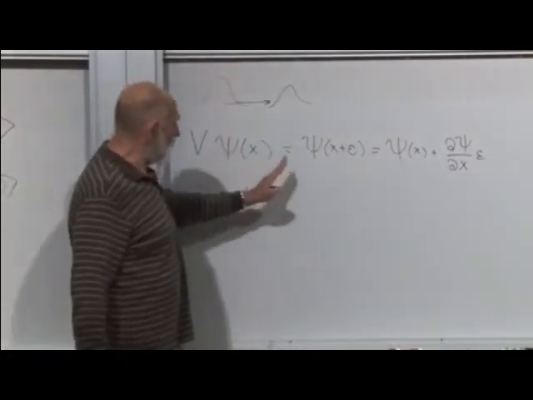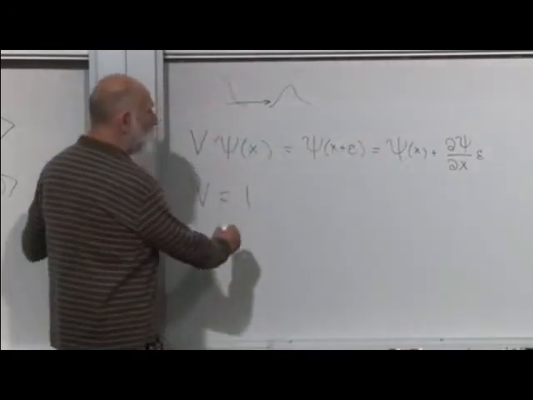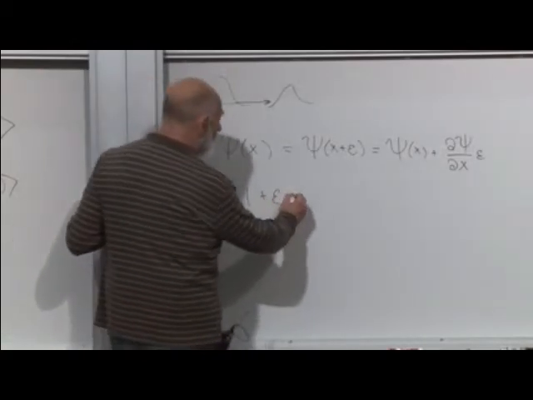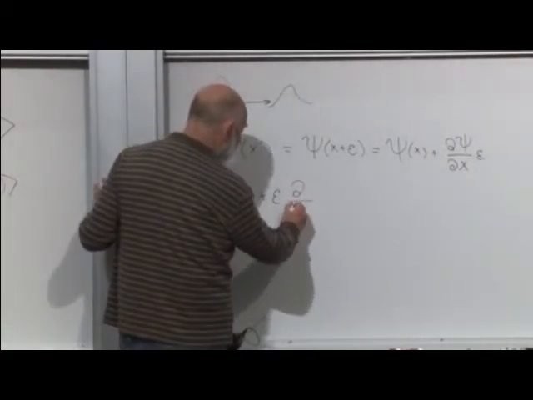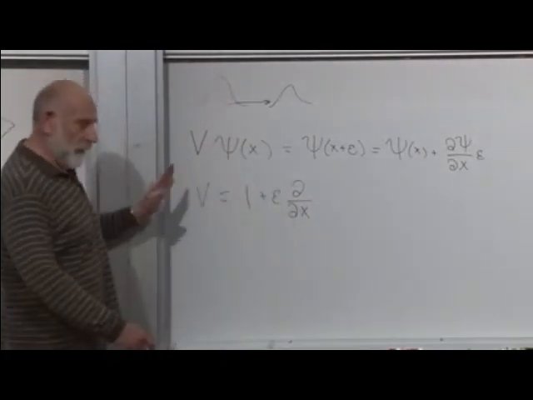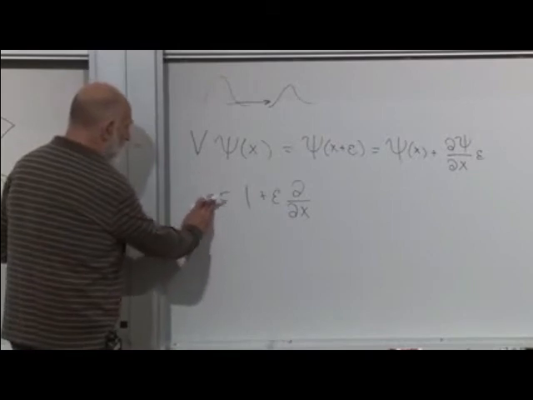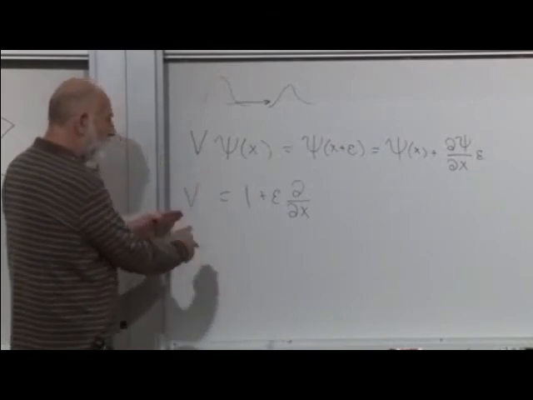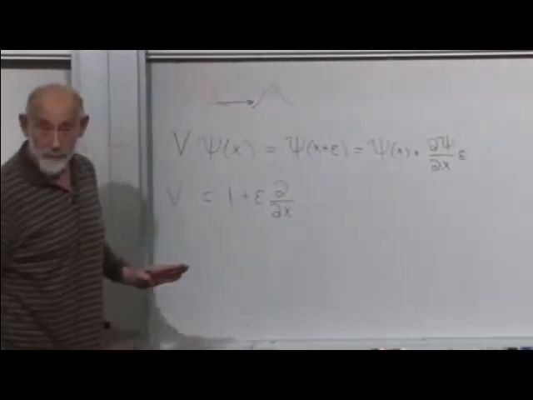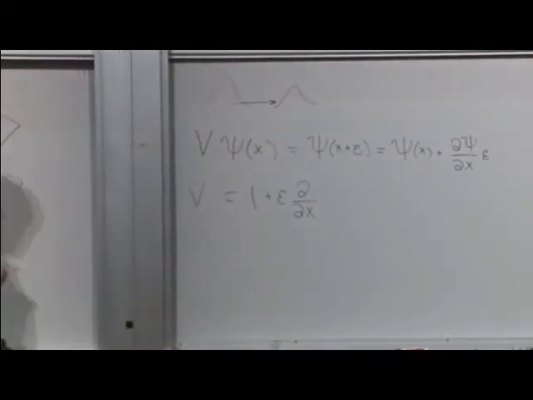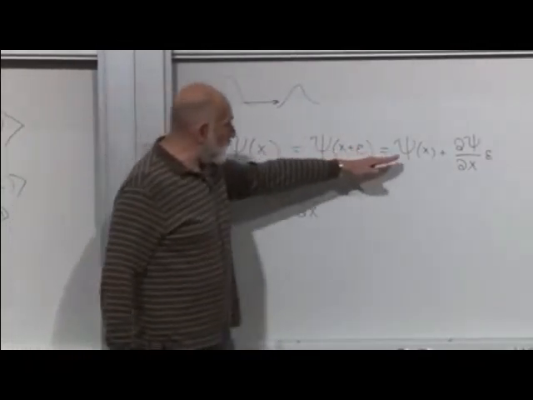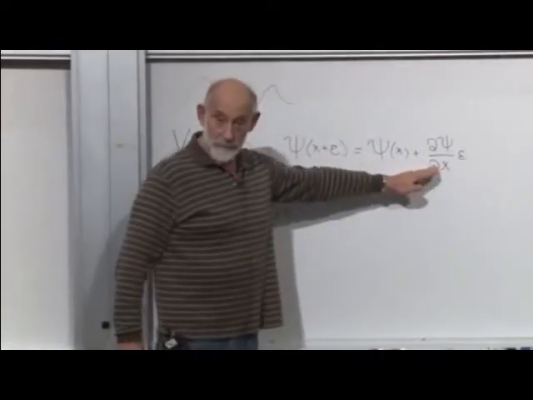It acts on psi of x to give back psi of x plus a small change, and the small change is epsilon times the derivative operation. I haven't written on x, we could write on x times psi. V is an operator. It's the unit operator plus epsilon times the derivative operator. We can act on any wave function, and what it will give us is the wave function infinitesimally displaced.